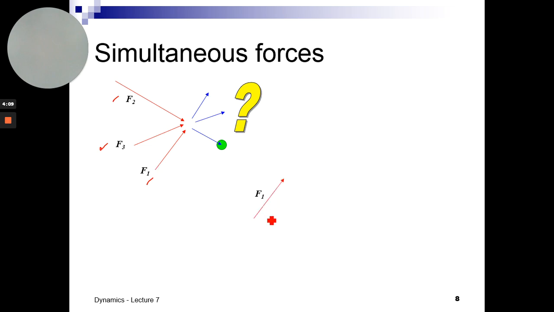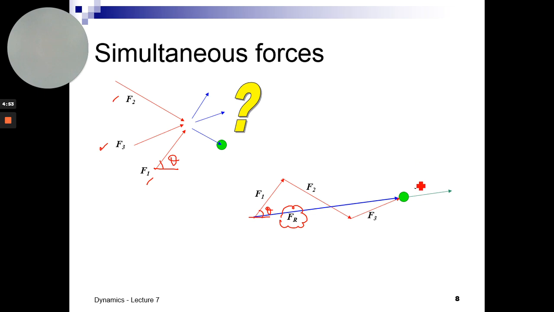If we use a drawing with a very good scale, using the magnitude and direction of external force F1, and then we draw F1, F2 and F3 according to scale, the line from the start of F1 to the arrowhead of F3 represents the resultant force.